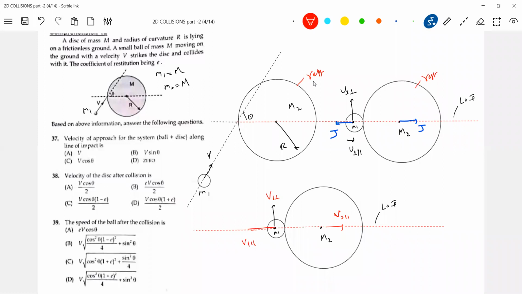Okay, now get into the thing. u1 perpendicular should be v sin theta. u1 parallel should be equal to v cos theta.